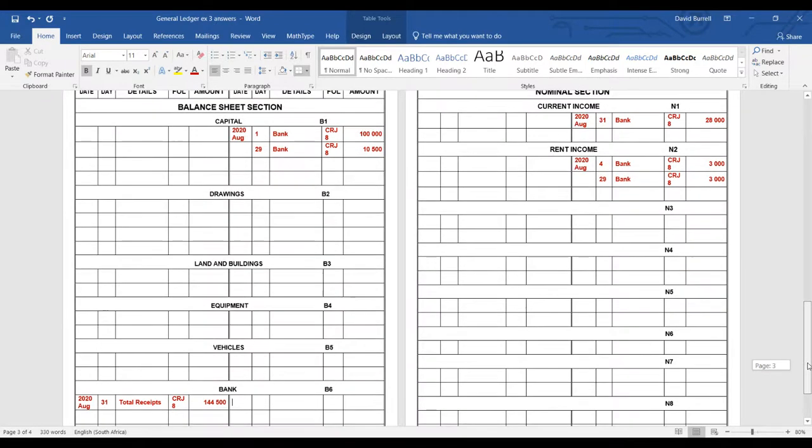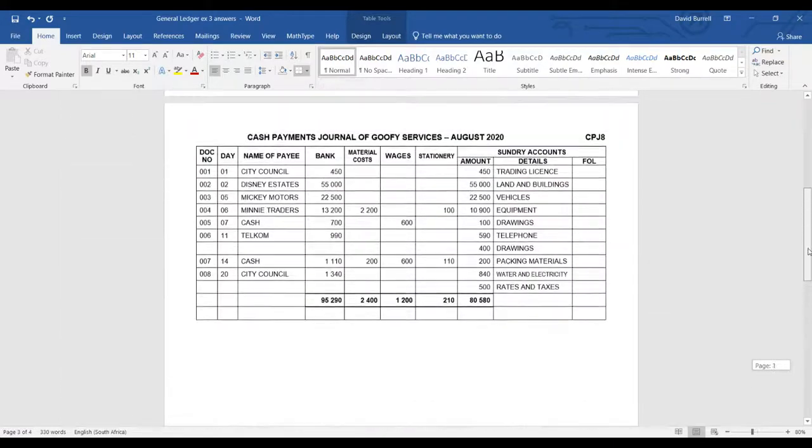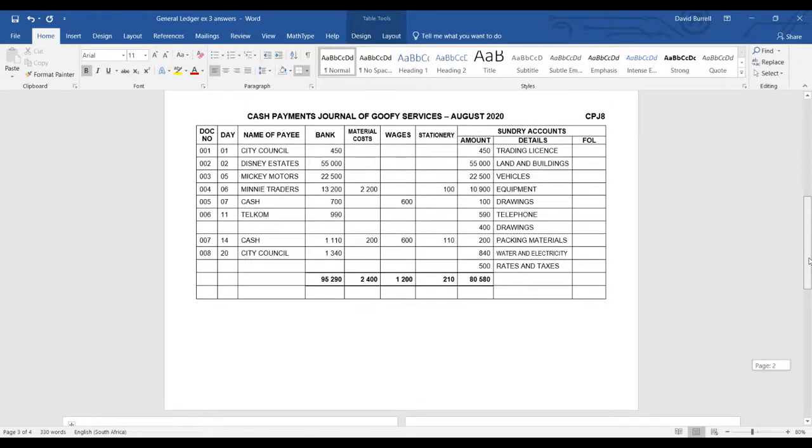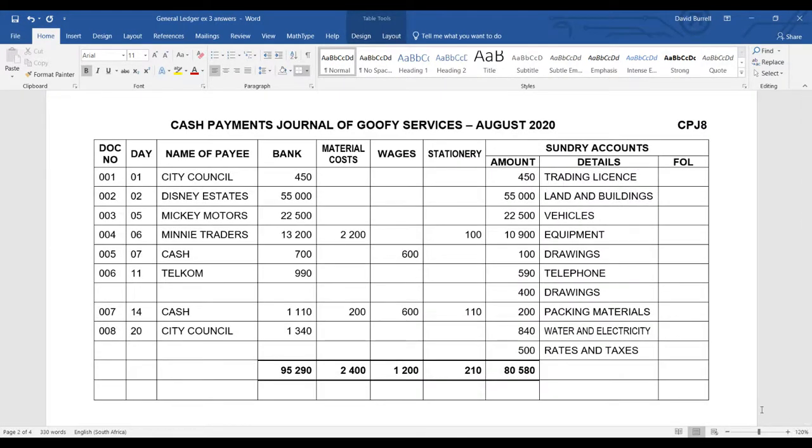Okay, so what we need to do now is go and post from the cash payments journal. So there's quite a lot more going on in the cash payments journal. I'm going to make this a little bit bigger so we can actually see quite a lot better. I think that's big enough. So the rule, if the business is paying money, and that's what's happening here, cash payments journal, is we would credit the bank account and we will just debit all the others.